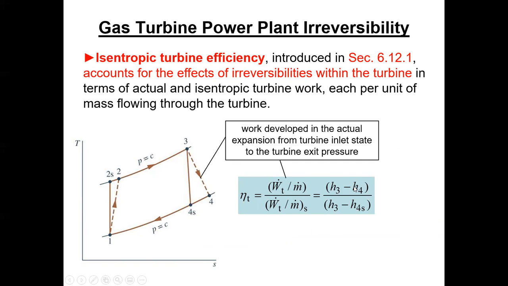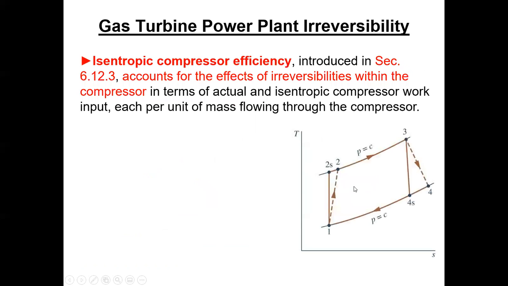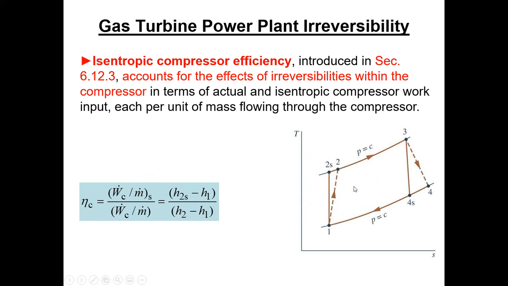Okay, so I think we pretty well did all that. And then we've got the compressor over here, which functions just like the pump. Numbers are different, working fluid is air instead of water, but the equation works the same way. We put the isentropic on top because this is a work-consuming device.